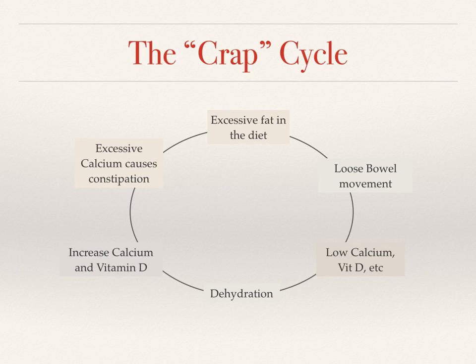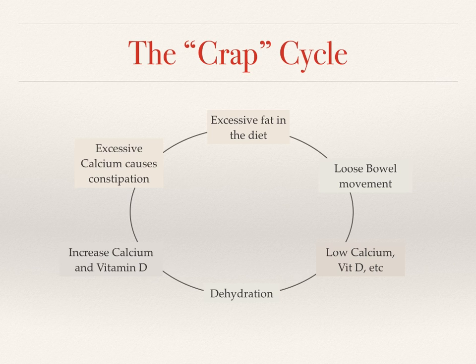Now I would like to talk about the Krebs cycle, which we are frequently hearing about in the case of duodenal switch patients. Excessive fat in our diet can cause loose bowel movements. Loose bowel movements cause saponification of the calcium and or the vitamin D, because loose bowel movement will shorten the transit time, increase the speed of the bowel movements.